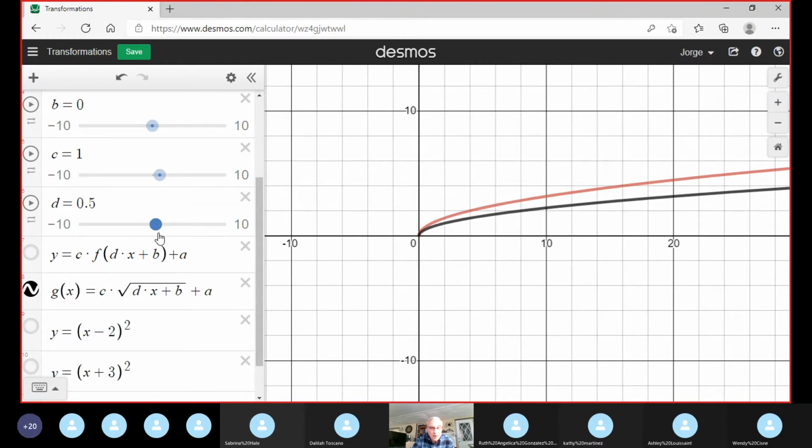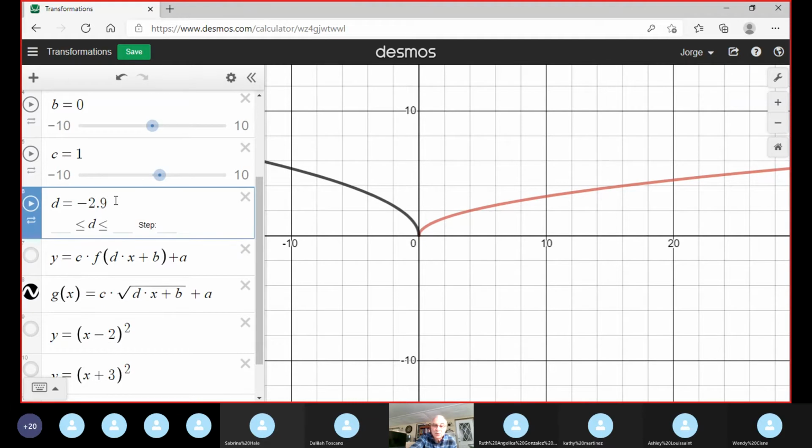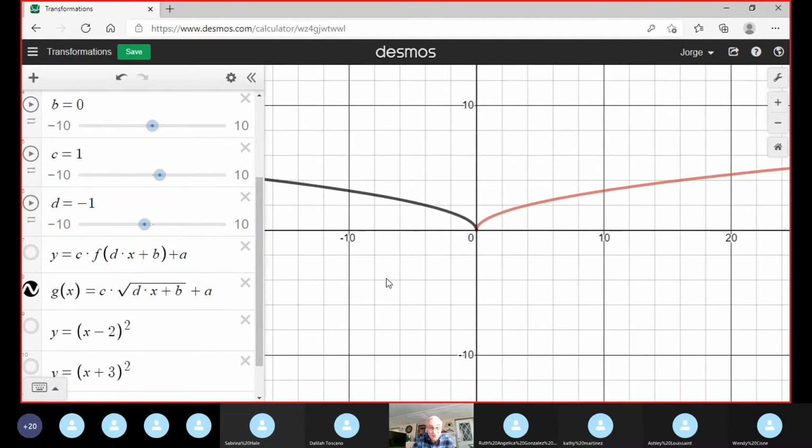Okay, 0.5, 0.4. And when it's negative, es reflection. Exactly -1. Let me try -1. -1 is exactly reflection, but this reflection is different. It's reflection about the y-axis.